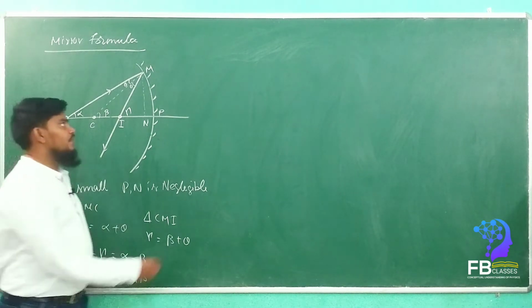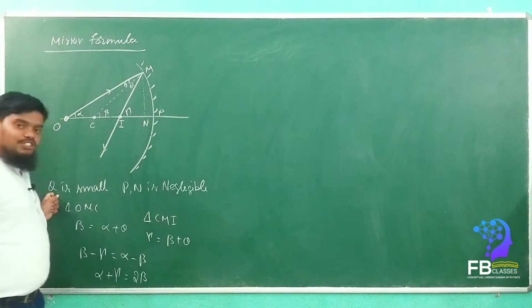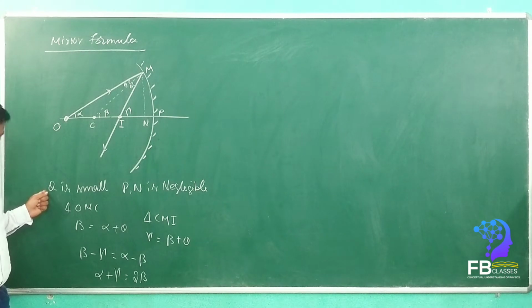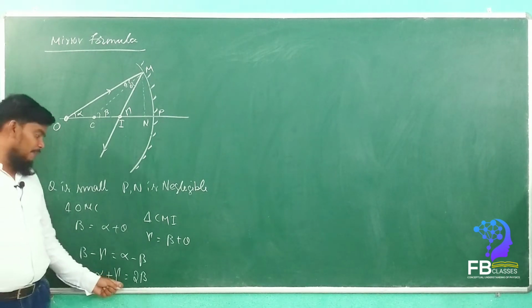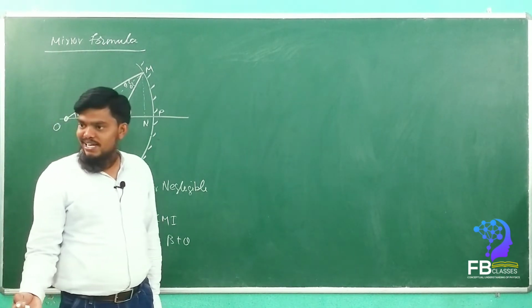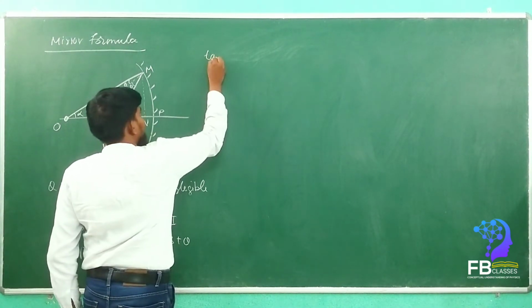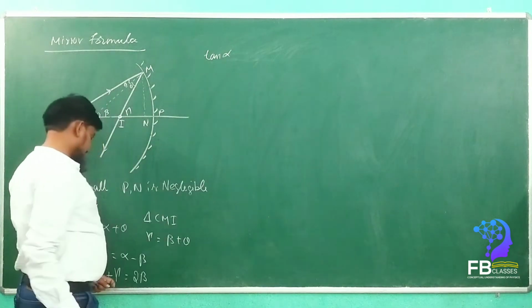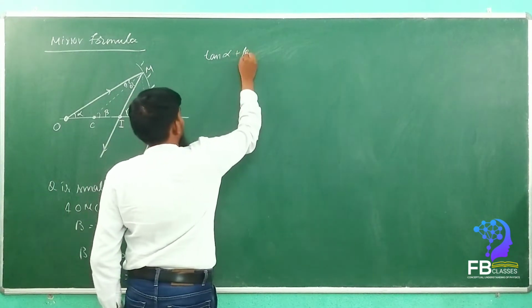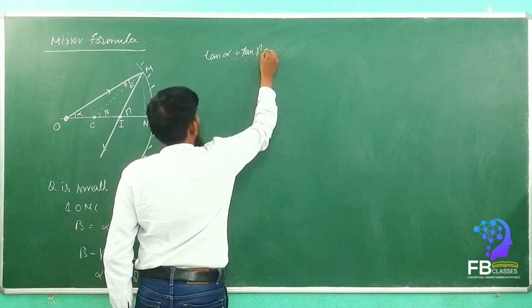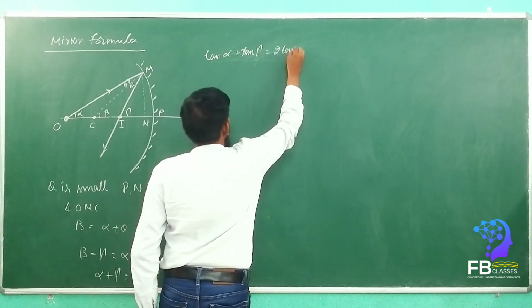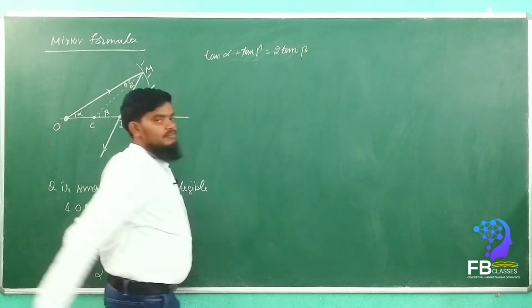Yes, sir. Now here, we already assume that the angles are small, theta is small. So alpha, gamma and beta we can take as tan alpha, tan beta and tan gamma. Yes or no? So here tan alpha plus tan gamma is equal to 2 tan beta. What is the tan value here?